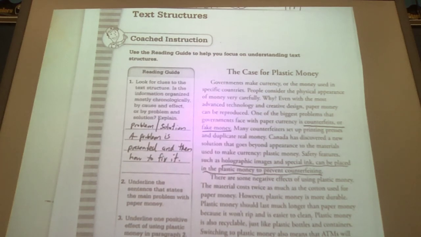All right. So we are going to continue talking about text structure here. I'm going to flip to the next page, and we'll go a little further. Then ultimately, you're going to do the last couple pages on your own.